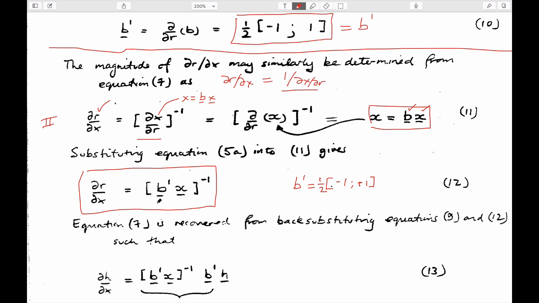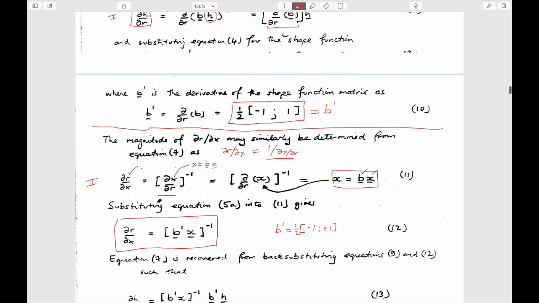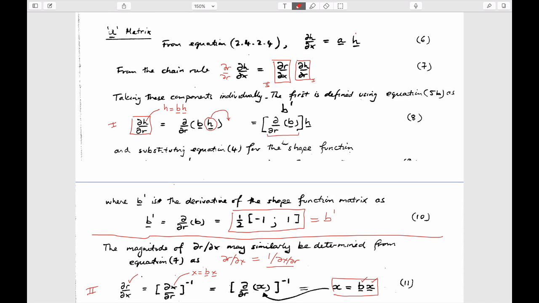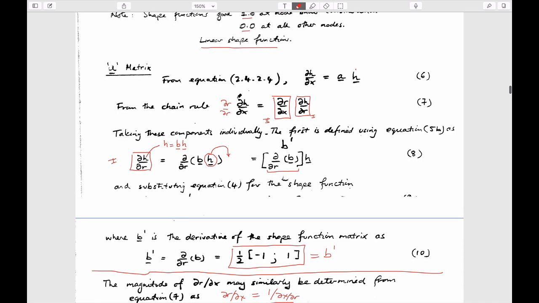If we refresh our memories of what we were trying to do, we need to get the value for this matrix because it defines the A matrix. We can do it just by multiplying by 1, and if we do that we end up with two parts. One is the change in the nodal values mapped over the element in local coordinates, and the other is this term which relates the length of the local element to the global element.